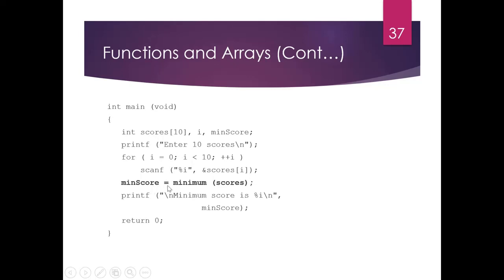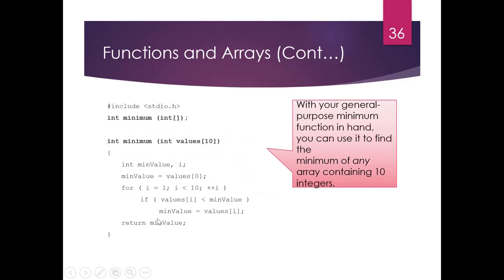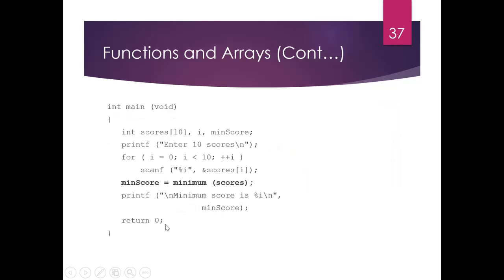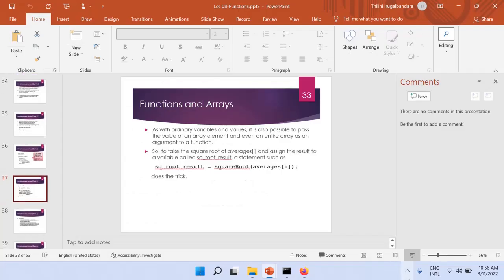Then minScore equals minimum, passing this array into the minimum function. The minimum function returns the minimum value of the array. It comes back here and printf prints the minimum score. This is how to pass an array into a function.